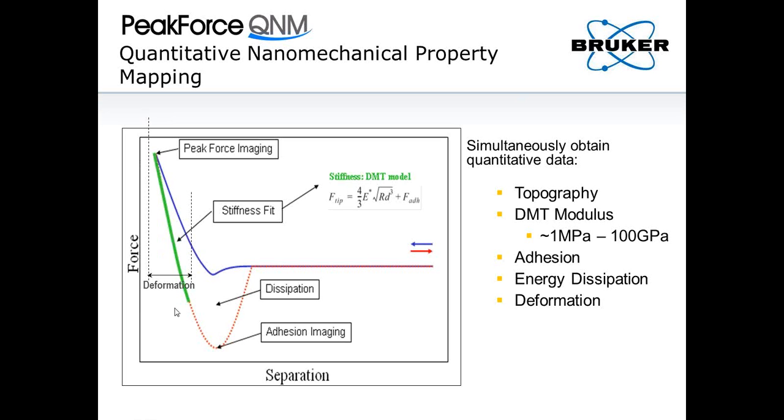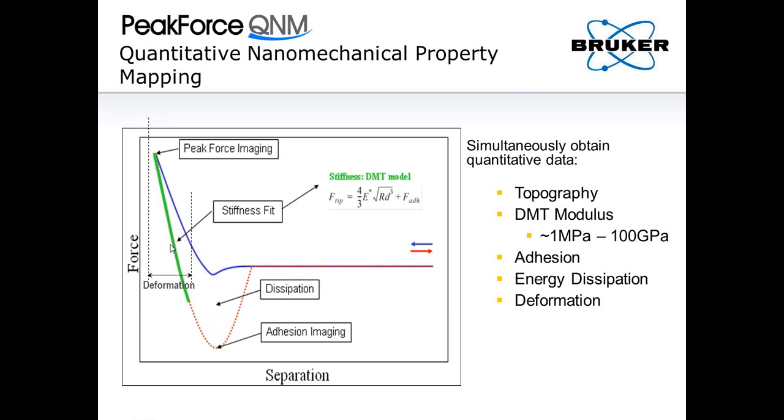And from the retracting branch, the blue part, from the slope, you can tell how elastic the sample is, the elasticity of the sample. And there actually you can get the modulus quantitatively. You get a number for that.